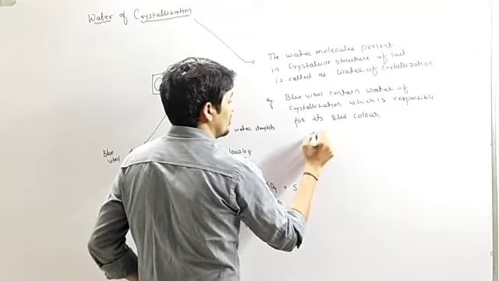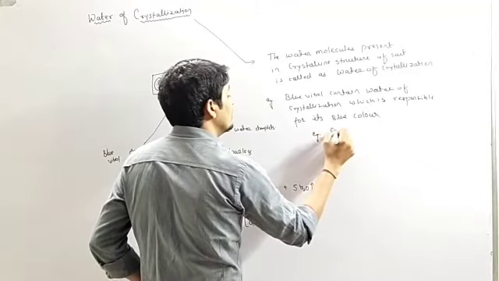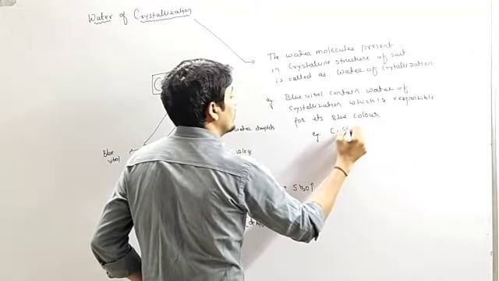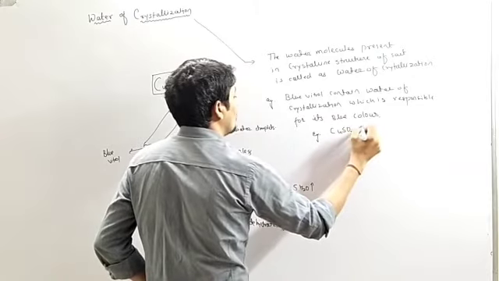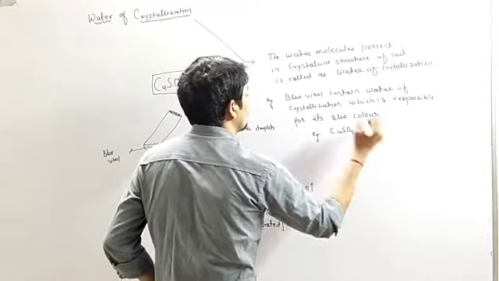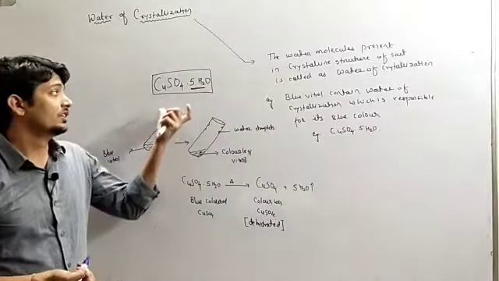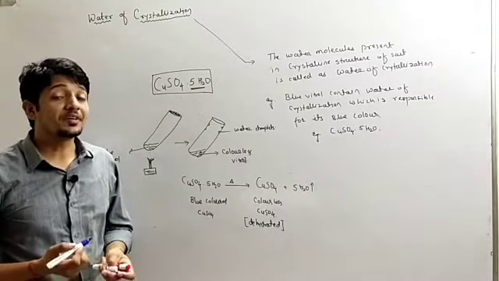Here we have the compound, for example, CuSO4.5H2O.